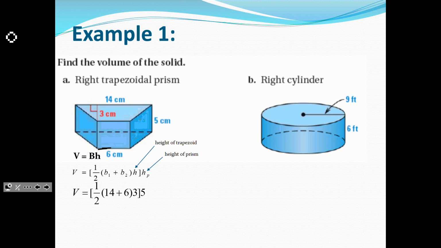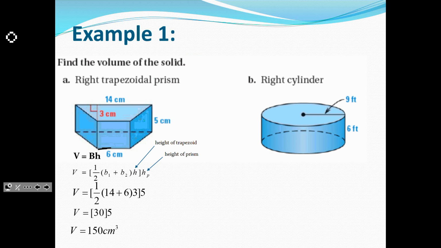Order of operations says we would do what first? Yes, add inside my parentheses. So that would give us 20. And then we multiply inside of the bracket, right? The 1/2 times the 20 times the 3, which would give us 30. Good. And then I can multiply my 30 times that height, right? So we end up with a volume of, nice.